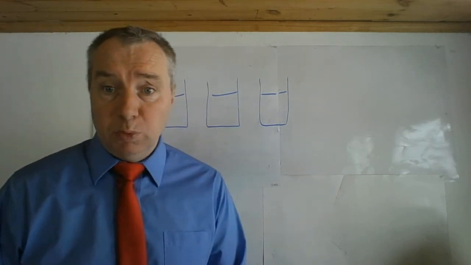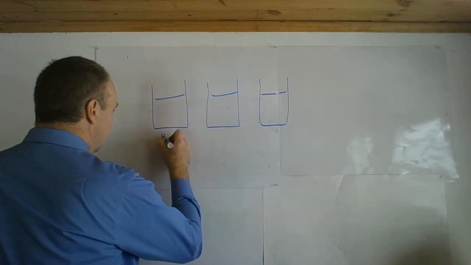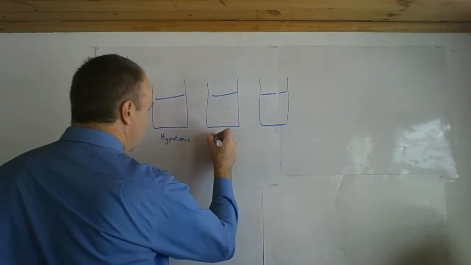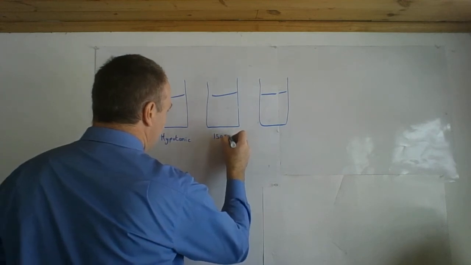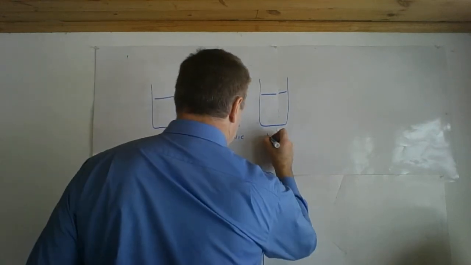Let's say they're salt solutions. Okay, one is hypotonic. One is isotonic. And the last one is hypertonic.